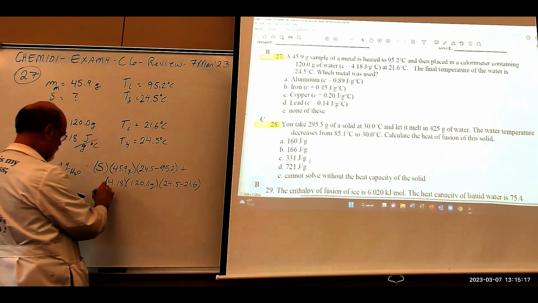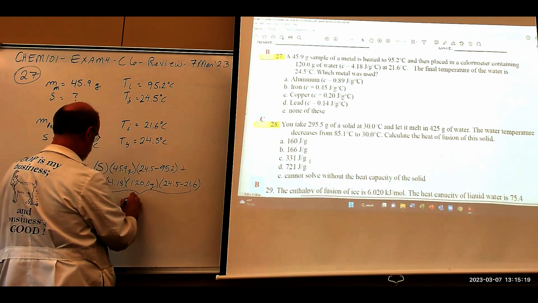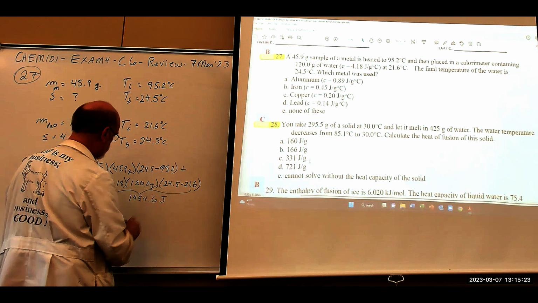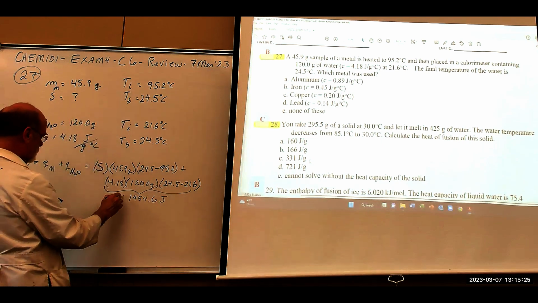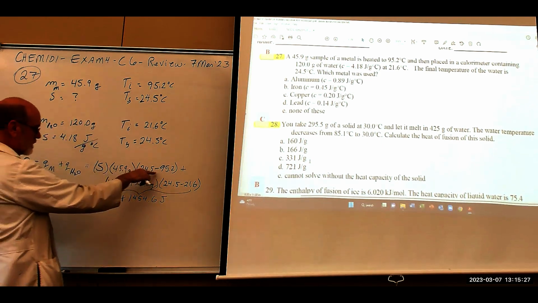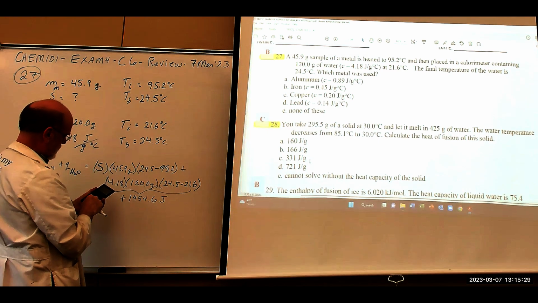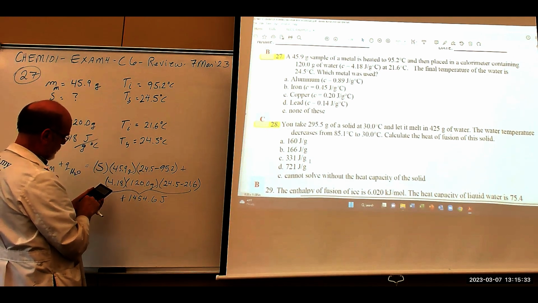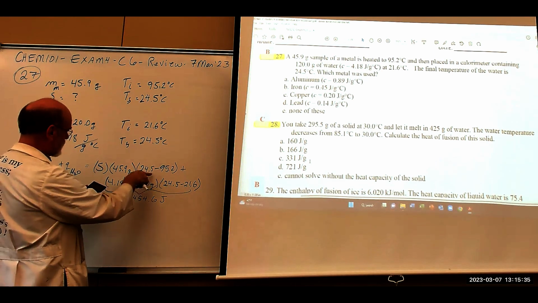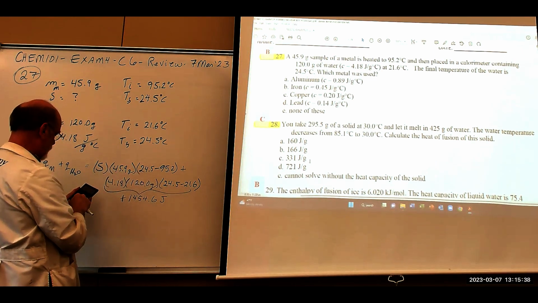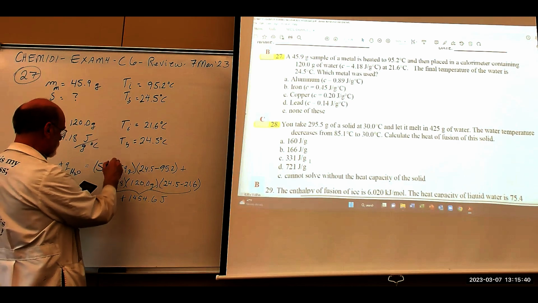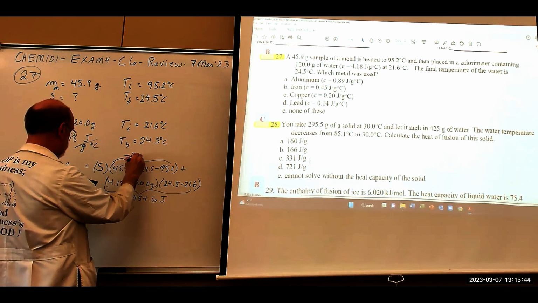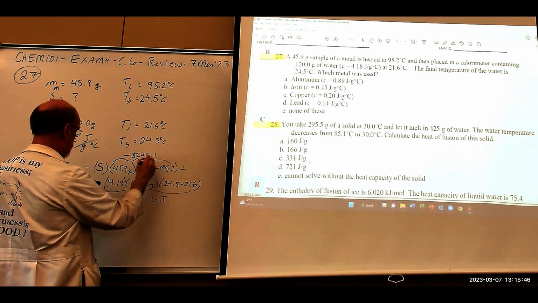So this term right here is 1454.6 joules, positive. And this one, we need to do that. 24.5 minus 95.2 is minus 70.7 times 45.9. So this term is a minus 3245.1.